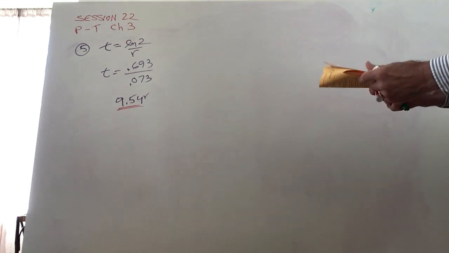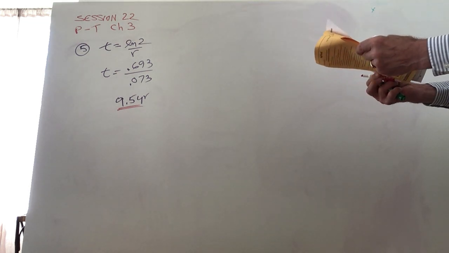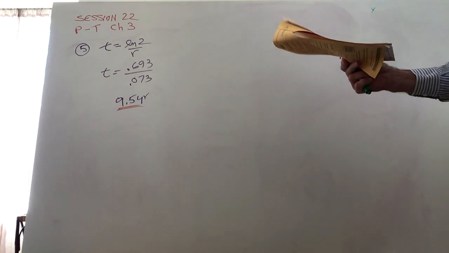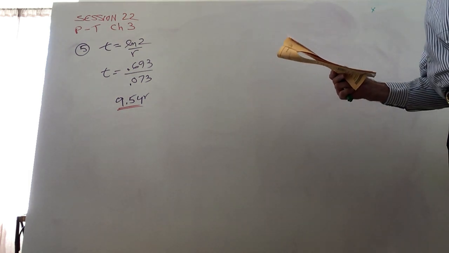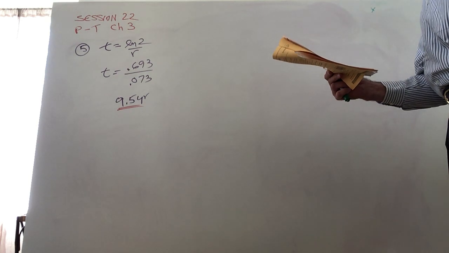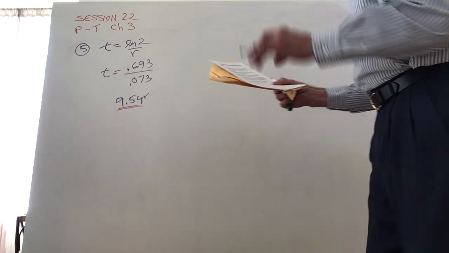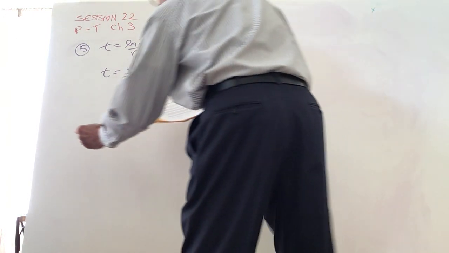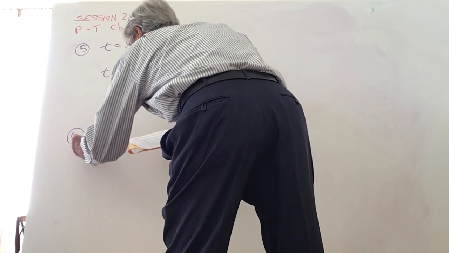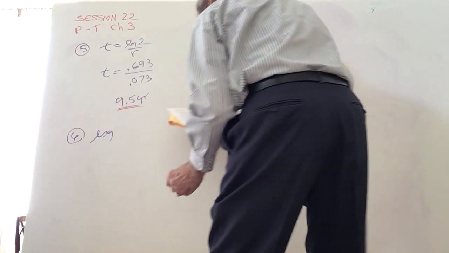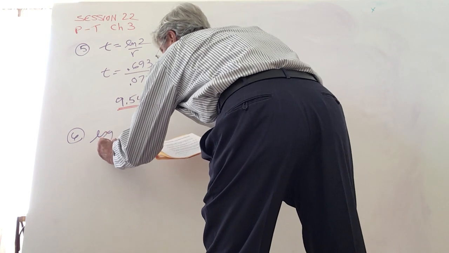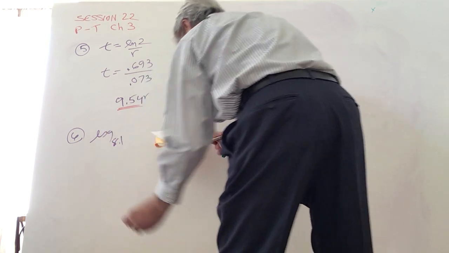Number 6 says use a change of base formula and a log table to evaluate log of base 8.1 of the number 2.4. I made that 8.1 smaller, so it's kind of tough to see there. But we're looking for log of base 8.1 of the number 2.4.